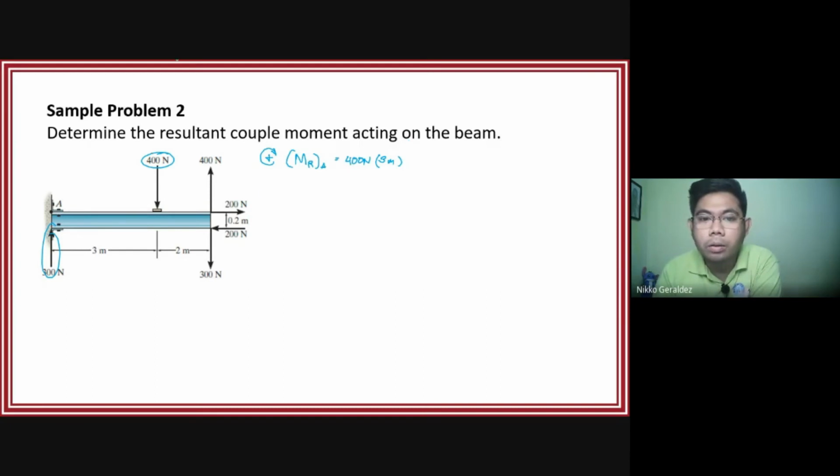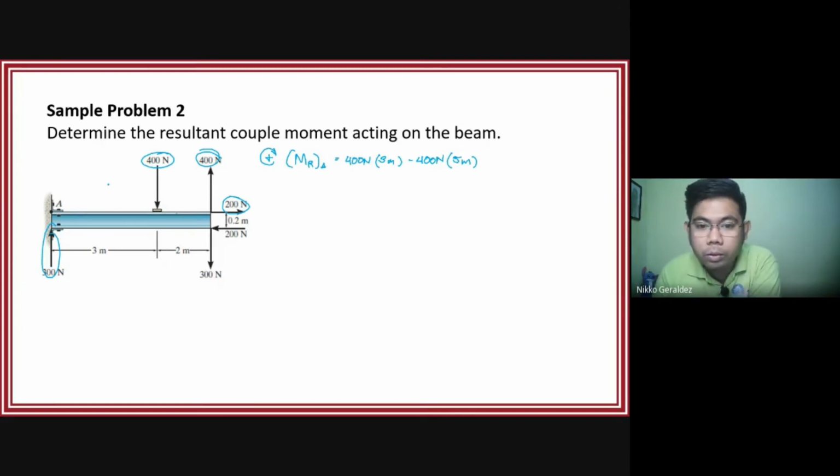Then, itong isang 400 Newton, upward, magpuproduce siya ng counterclockwise moment. So, negative 400 Newton times 5 meters. Then, itong 200 Newton to the right, yung line of action nito ay mag-intersect at point A, so walang moment na magpuproduce.